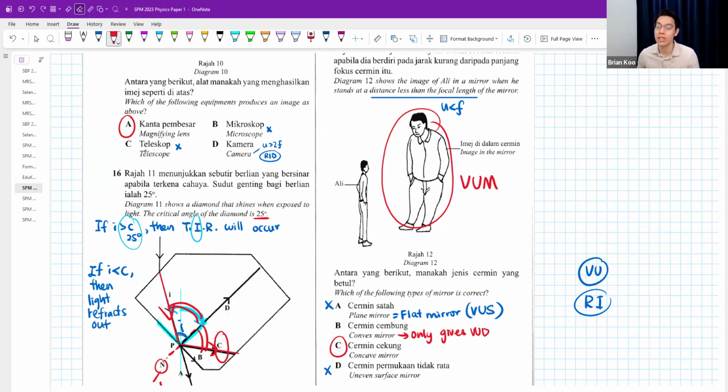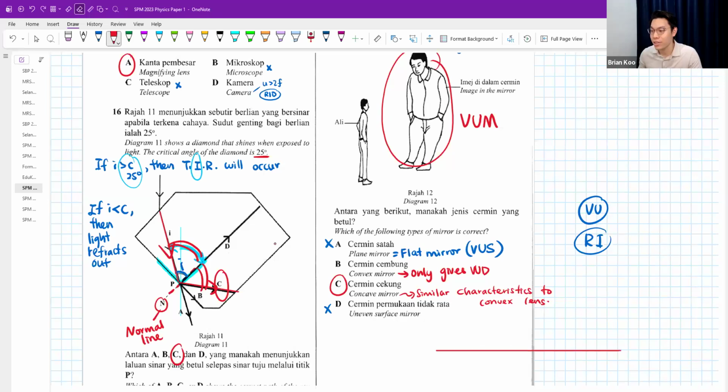Only virtual, upright, diminished. A concave mirror is the one that can give you many, many different kinds of characteristics. Normally their characteristics are similar to a convex lens.